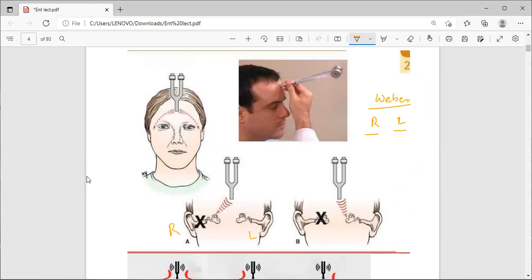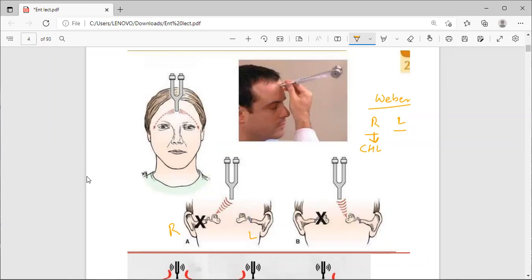The problem here is with the right ear. So suppose you have conductive hearing loss in the right ear. What will be the result of the Weber test if you perform it?